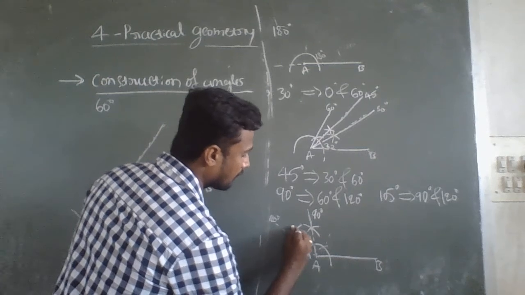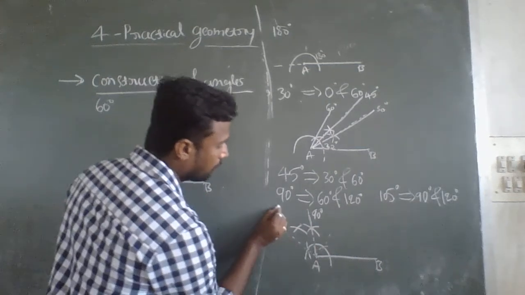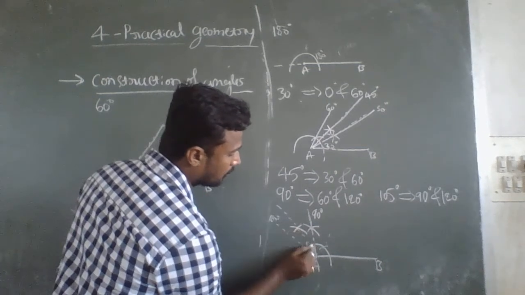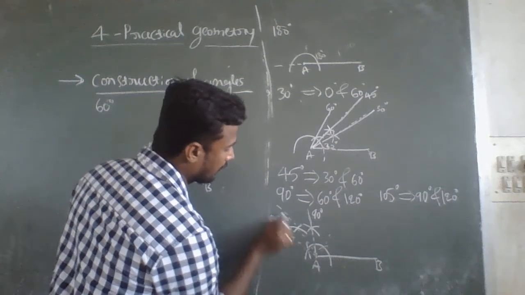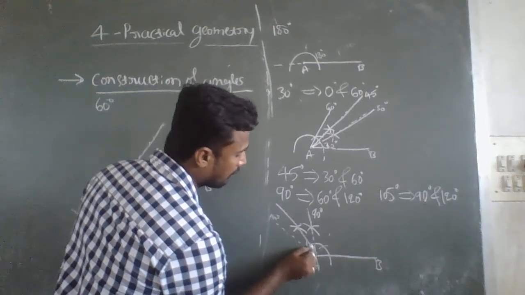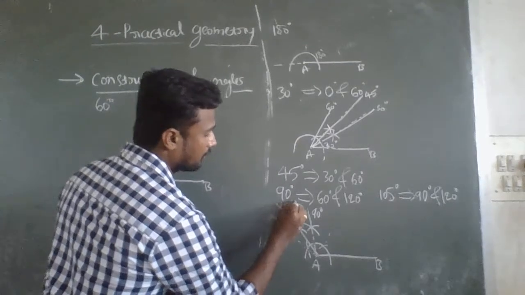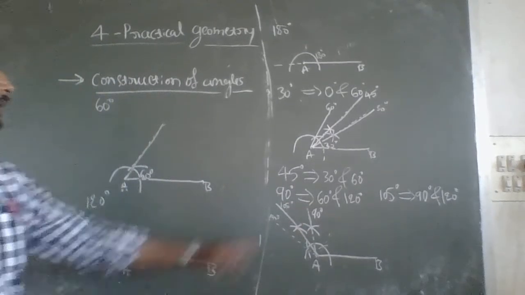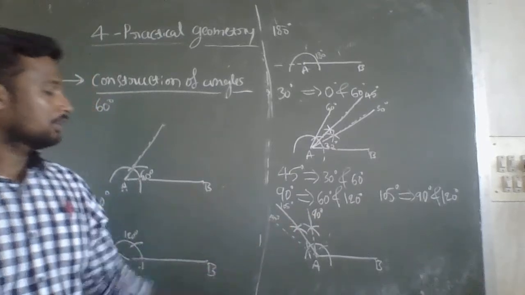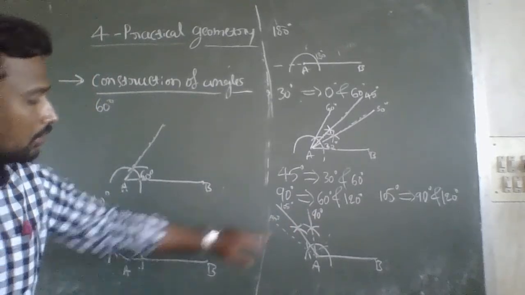You will get like this. And if you join this point towards point A, you will get the angle how much? 105 degree. This is between 90 degree and 120 degree.